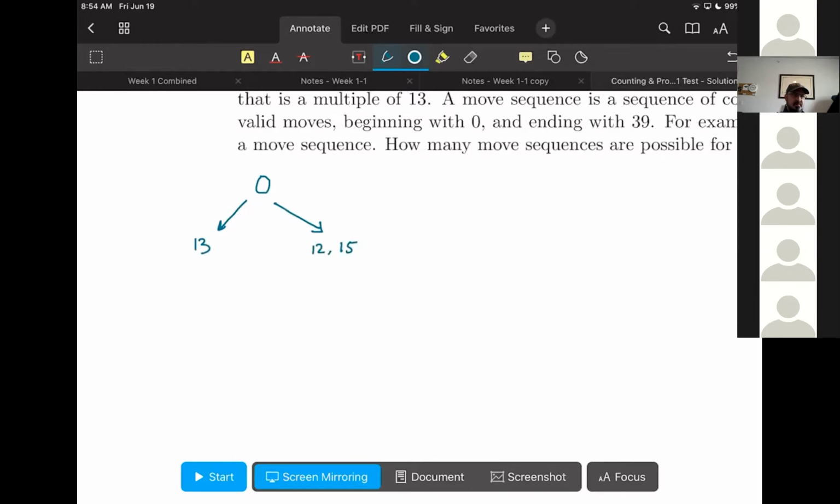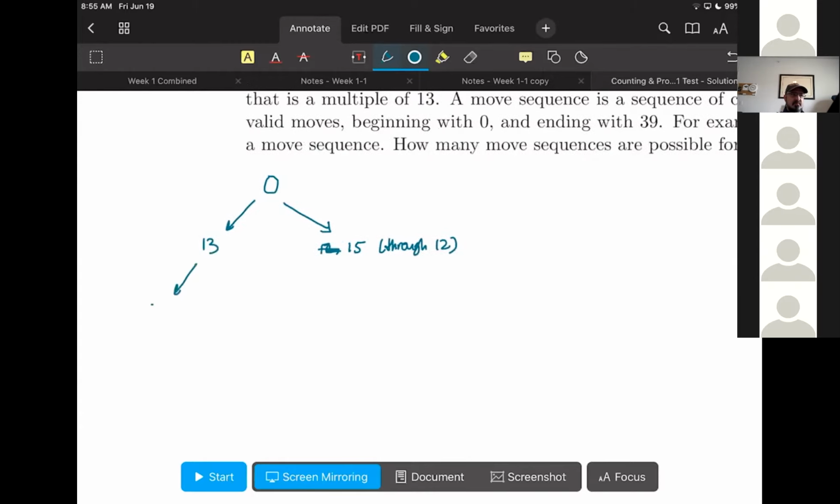And then let's just say that it gets to 15 through 12. Once it gets to 13, it can either go through 26 or it cannot go through 26.